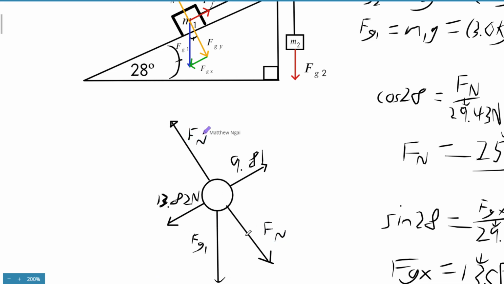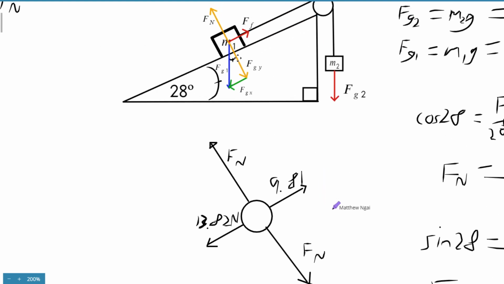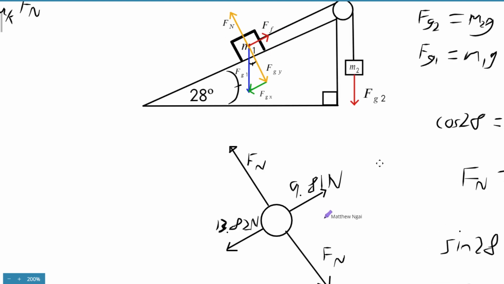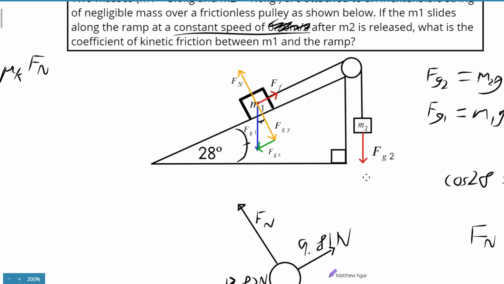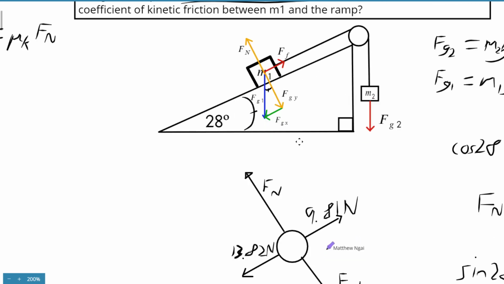And then we put down the components, so let's just erase Fg. Now we can see that M1 is being pulled up the ramp at 9.81 newtons, but it's also being pulled down at 13.82 newtons. So right now, how the vectors are, the mass would be accelerating down the ramp.